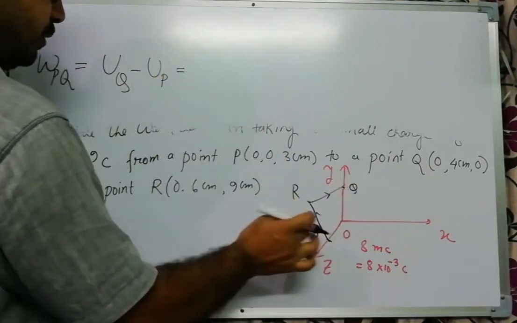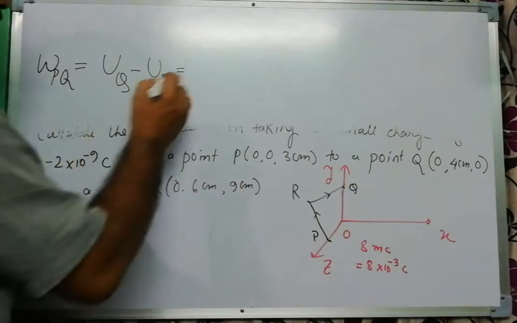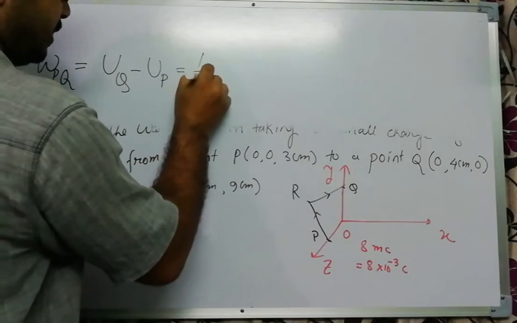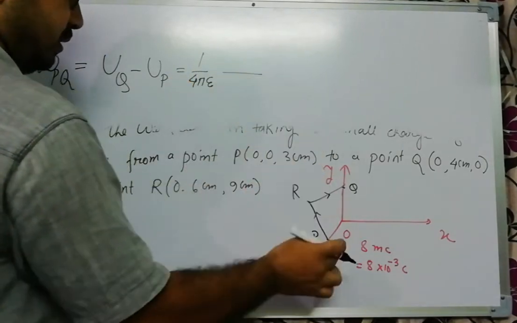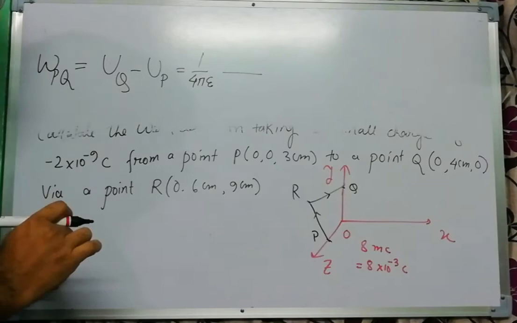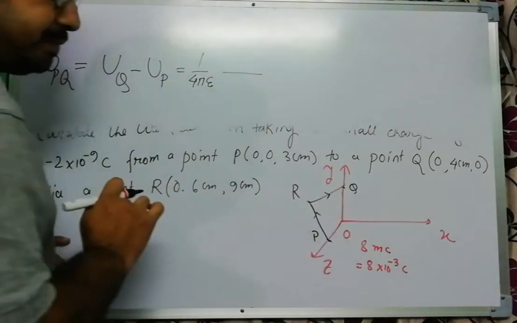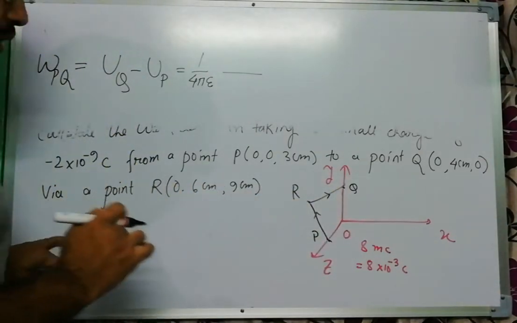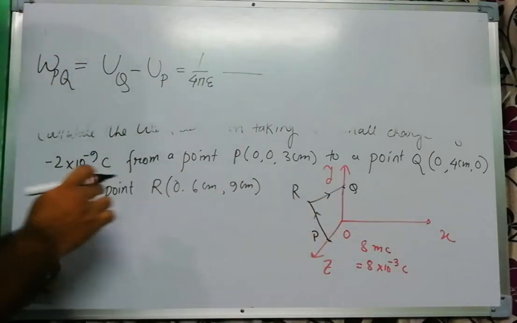Potential at point Q with respect to the origin, that is nothing but 1/4 pi epsilon naught times the charge at point Q and the charge at the origin O. So what is the charge we need to bring from P to Q?